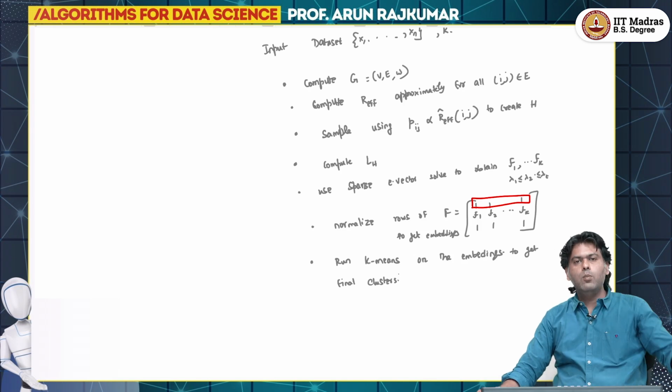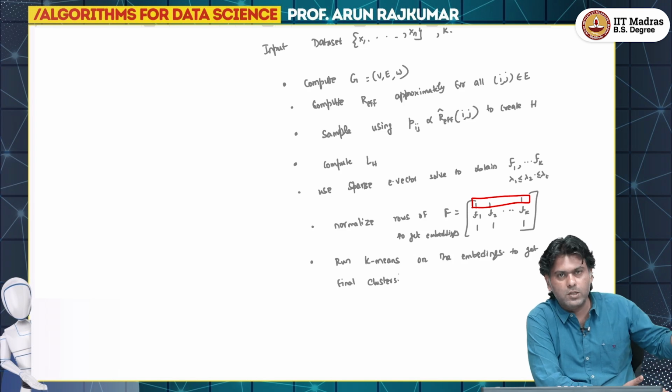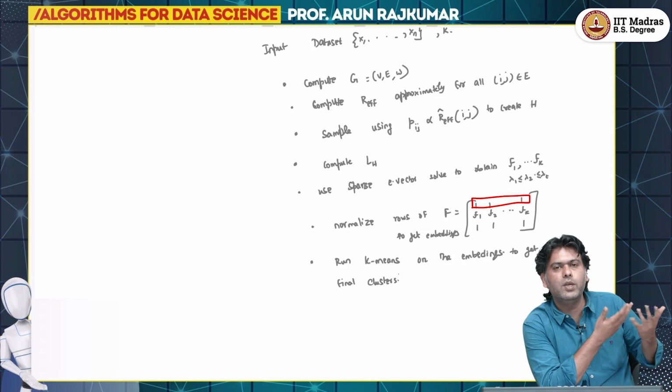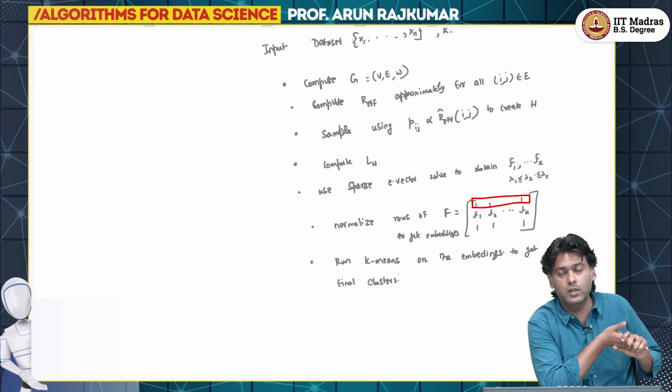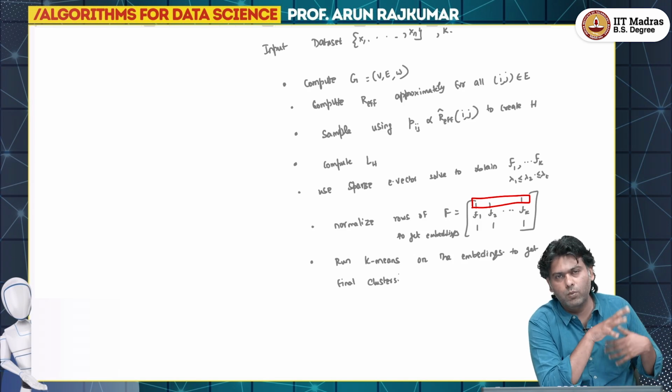Of course, k-means can be run using good initializations using k-means plus plus and so on. So, all that stays, right. Because k-means is crucially dependent on initialization. If you are aware of k-means plus plus, that is a probabilistic way to initialize k-means, right. So, you can use such techniques also to run k-means.